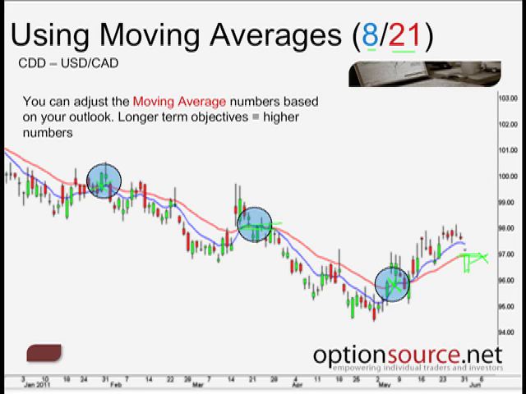The 8 and 21 bar moving average is a comfortable time frame for me because I'm looking at a relatively short-term trade outlook, positioning myself for a few days to a few weeks to perhaps even a month with a particular opportunity. But if you have a bigger picture outlook, you could adjust this to, let's say, a 20 and a 30 or a 30 and a 50 to give you a bigger picture outlook on the trend.